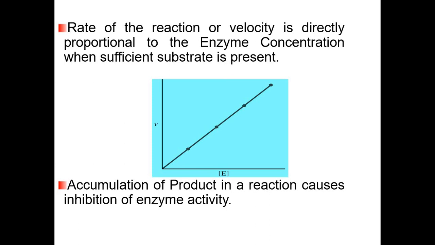What this means is that for a given substrate, the same amount of substrate, if you use a small amount of enzyme for this one, but a large amount of enzyme for this one, then this will give you a higher velocity, or a higher reaction speed, compared to this one.